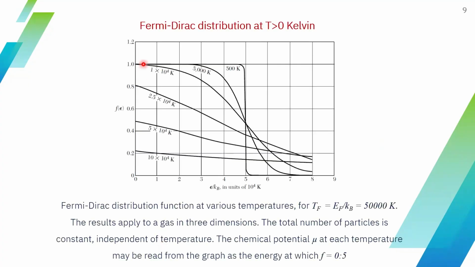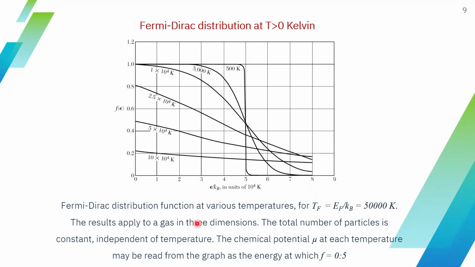Now here we can see the Fermi-Dirac distribution at temperature greater than 0 Kelvin. The Fermi-Dirac distribution is plotted at various temperatures, for TF, which is equal to EF by KB, which is 50,000 Kelvin.